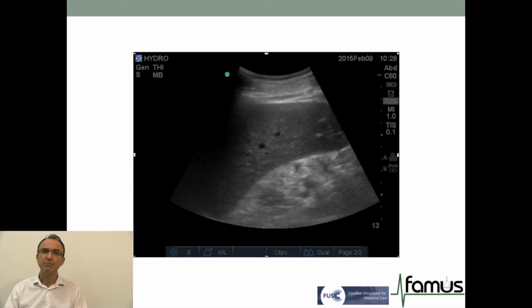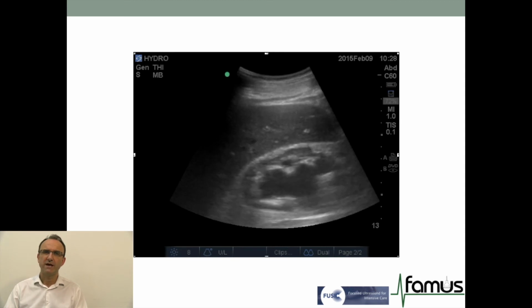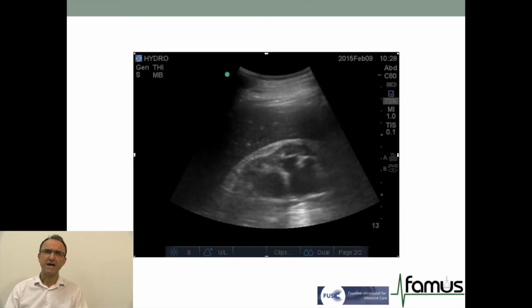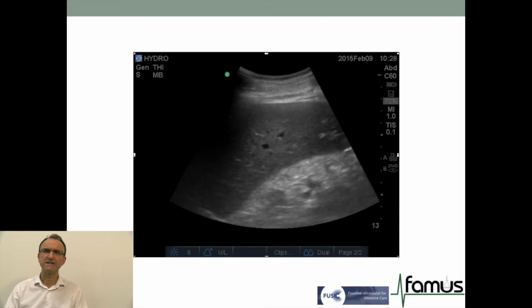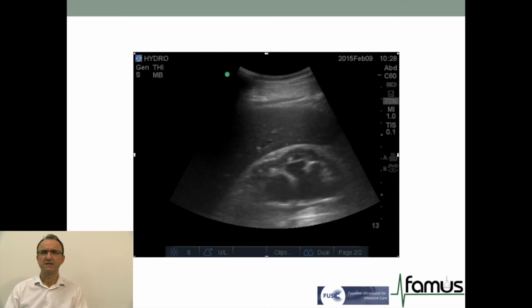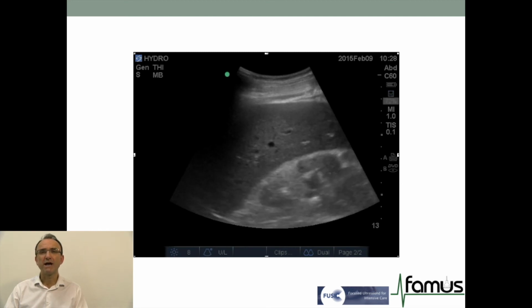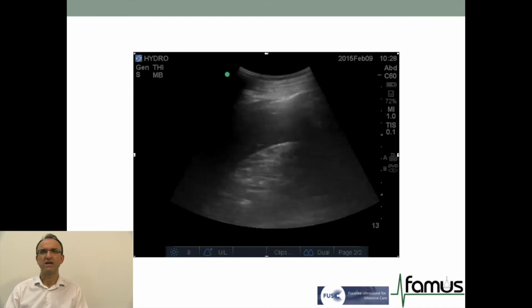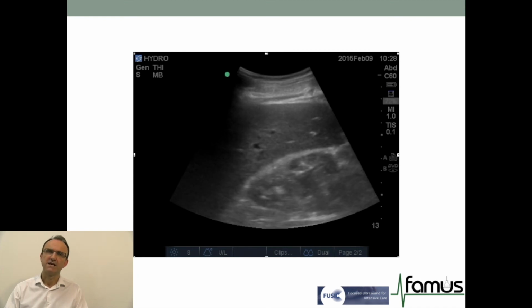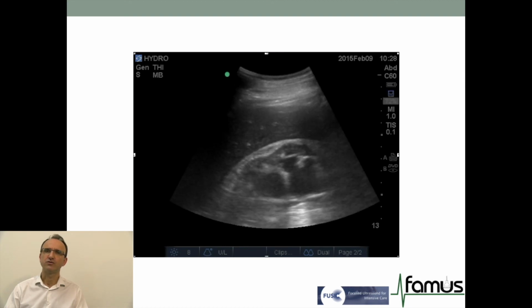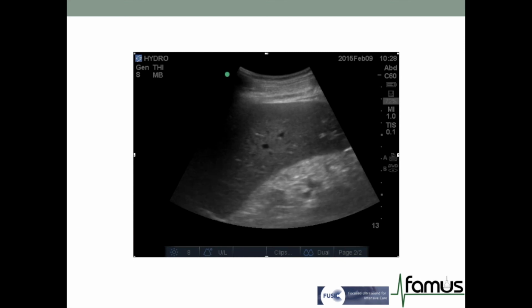In this third example, we have a third degree hydronephrosis. Clearly the dilatation of the pelvis and the calyx is so pronounced that the cortex is compressed, is thin, and is potentially atrophic. In this case, the kidney function is likely to be very compromised.